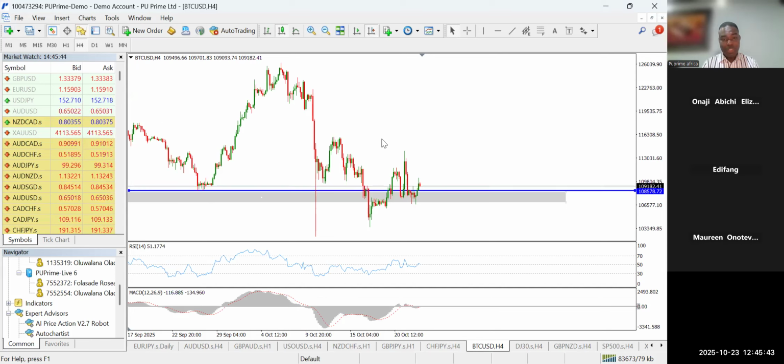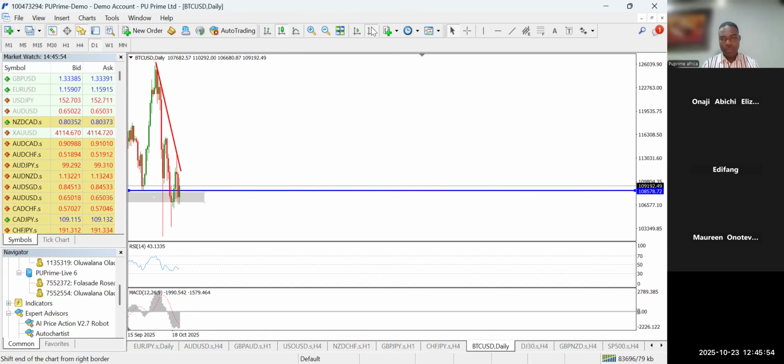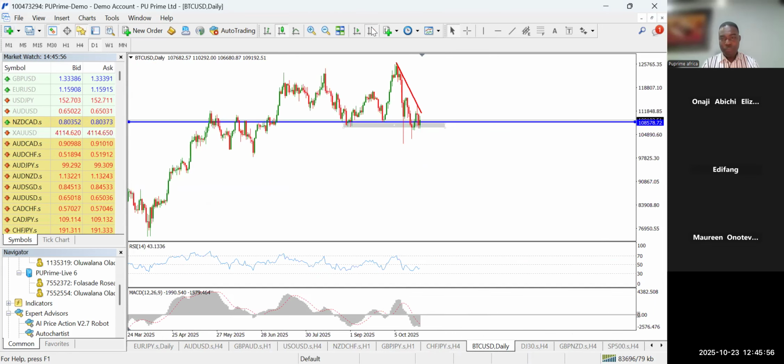To be honest, I'm not really seeing clarity around this instrument for now. No clarity around BTC USD. Just avoid it for now.